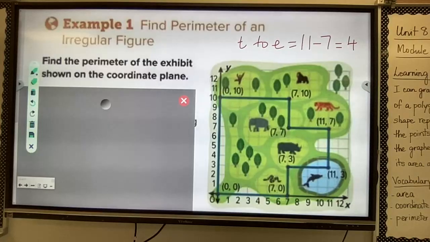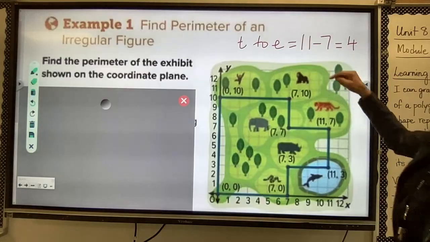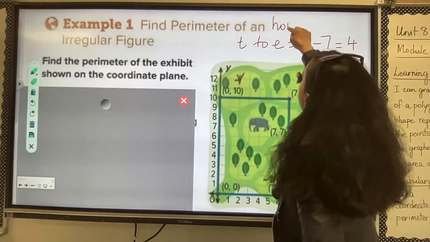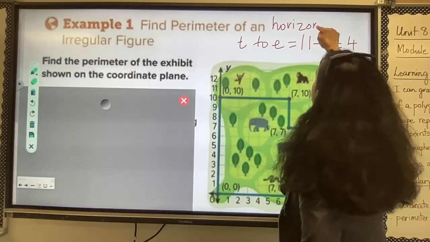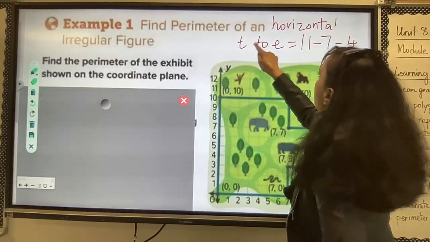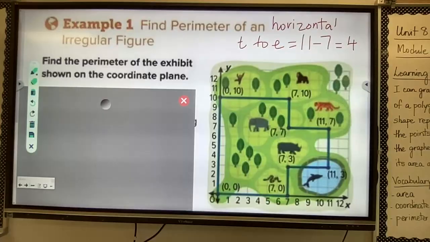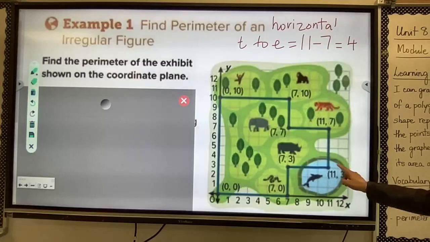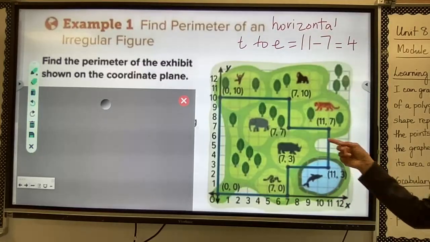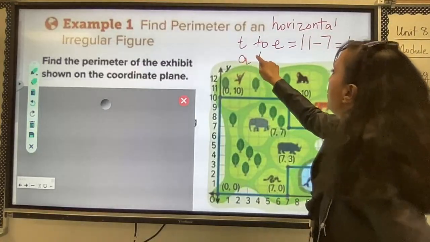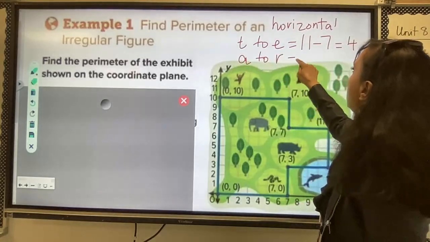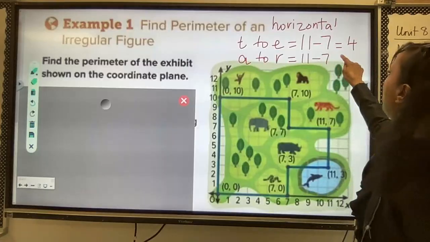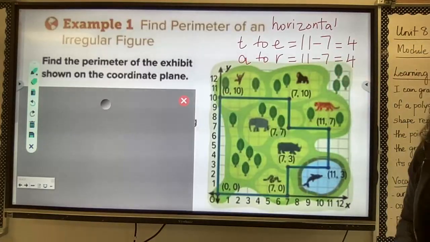Okay, so again, what am I doing? I'm finding the lengths of the horizontal line segments. Tigers to elephants is 11 minus 7. Aquarium to rhinos is also 11 minus 7, and that gives me 4.